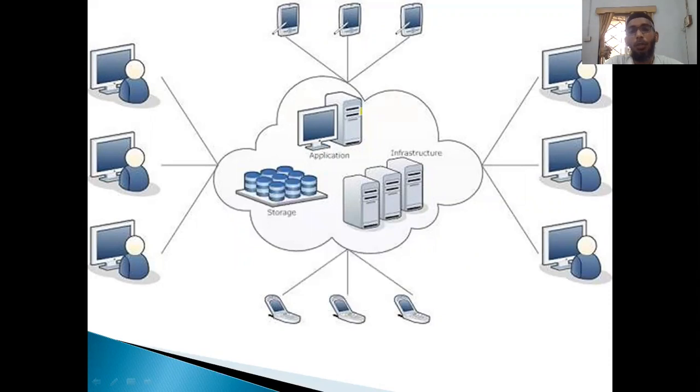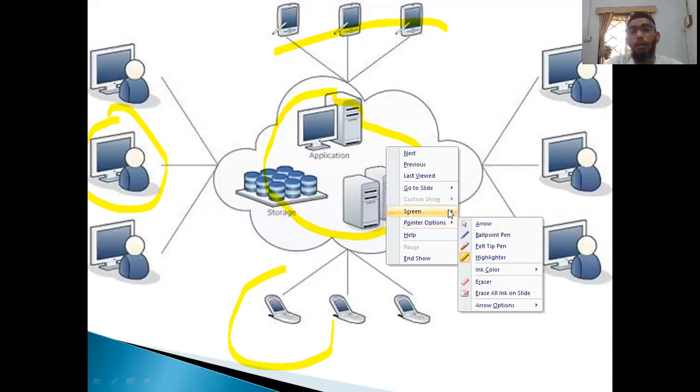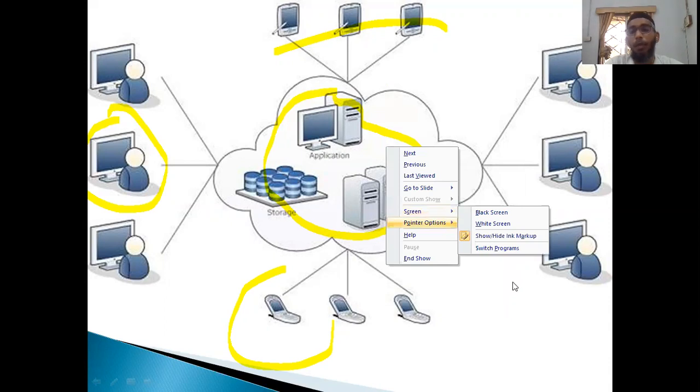This area is the cloud, where the storage, the infrastructure, and the application are, and you are accessing this cloud via various resources: your desktops, your personal digital assistants, your smartphones, and any other devices which can access the cloud.